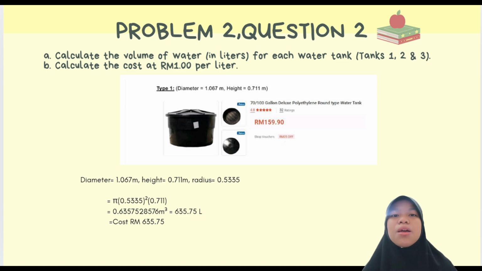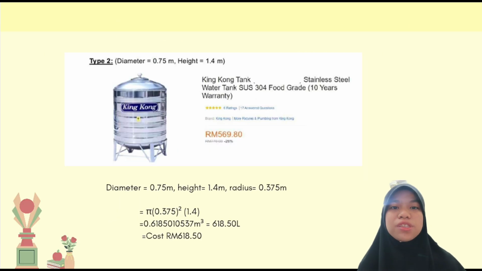Substituting into the formula, pi times 0.5335 squared times 0.711 equals 0.63575 cubic meters or 635.75 liters. Therefore, the cost at RM1 per liter is RM635.75.